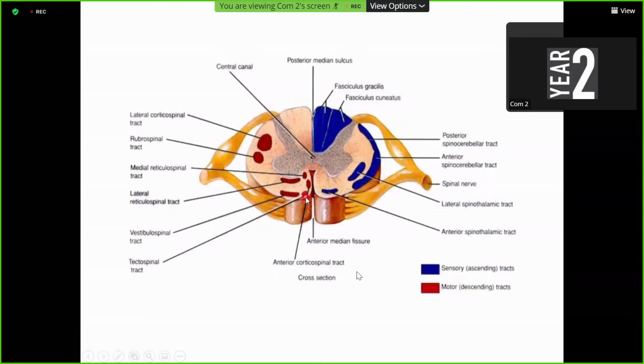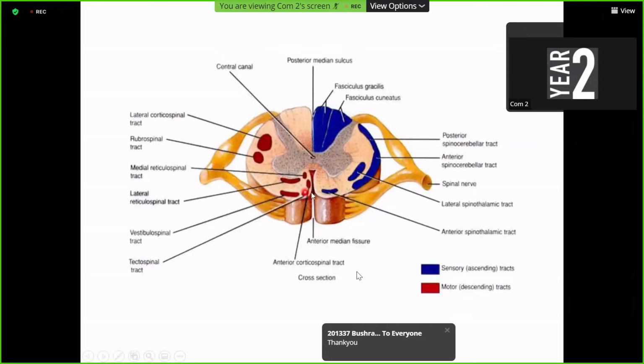Tectospinal is responsible for visual reflexes. And then you have the medial and lateral reticulospinal tracts, which are important in terms of modulating the response of the lower motor neurons.